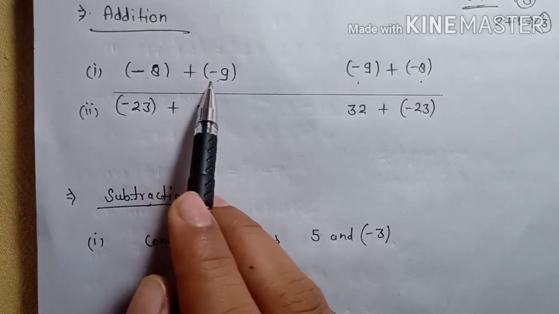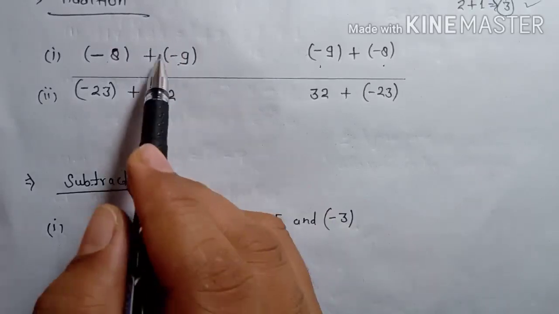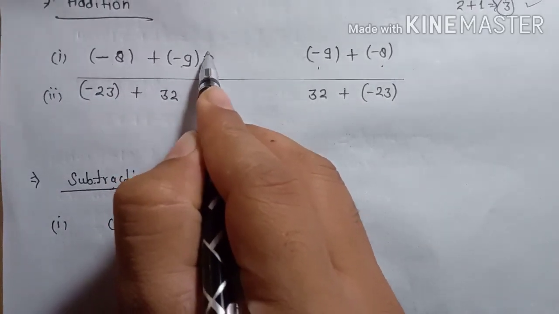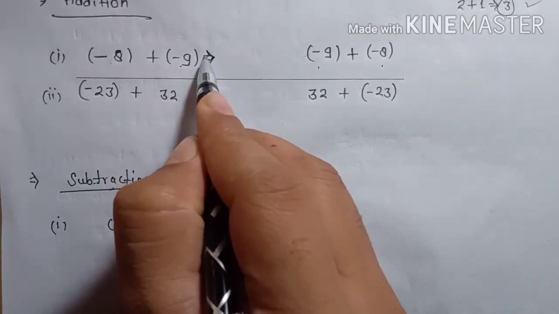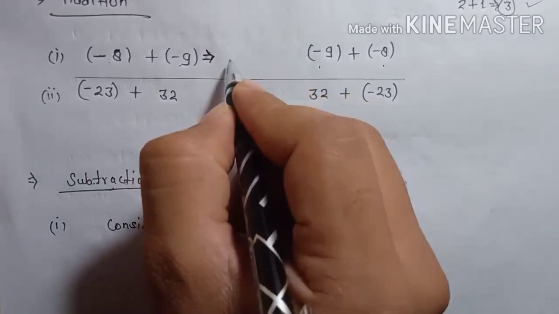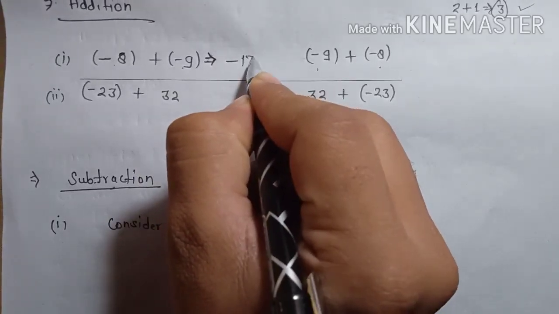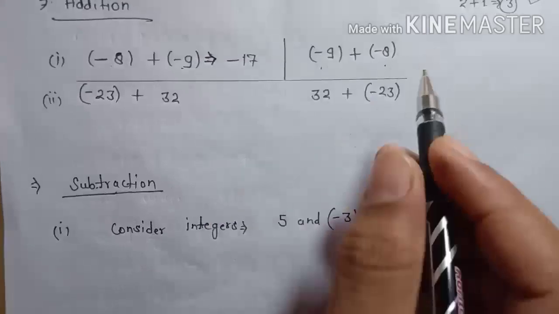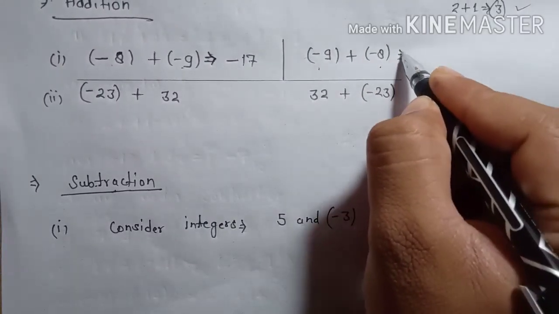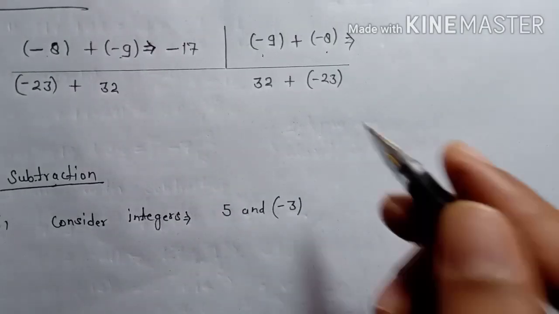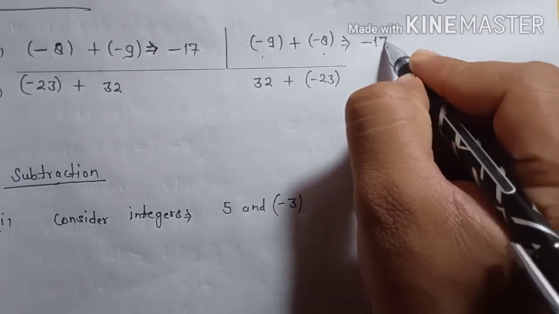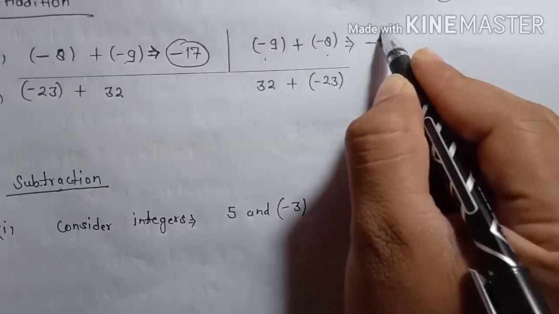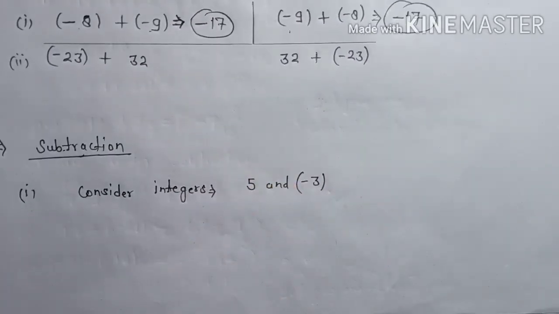This time we are adding two integers with negative signs, so our result will again have a negative sign, that will be -17. And again add these two integers with the order changed, and our answer is again -17. See, results are the same in both conditions.